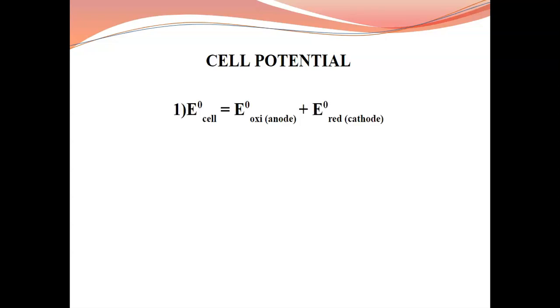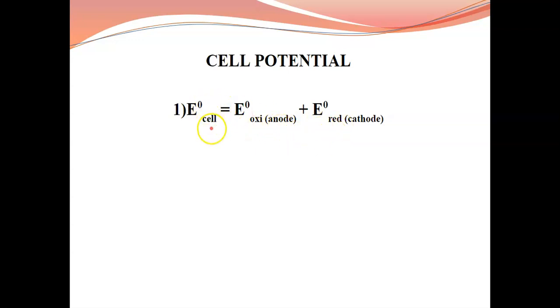Now, how can we calculate the single electrode potential of a cell? When we form a cell and we measure the potential, we get the potential of the complete cell. So if we want to find out the potential of a single electrode used in the cell, then we use the Nernst equation, which we are going to see further. The cell potential is actually the sum of the potentials of both the half cells.